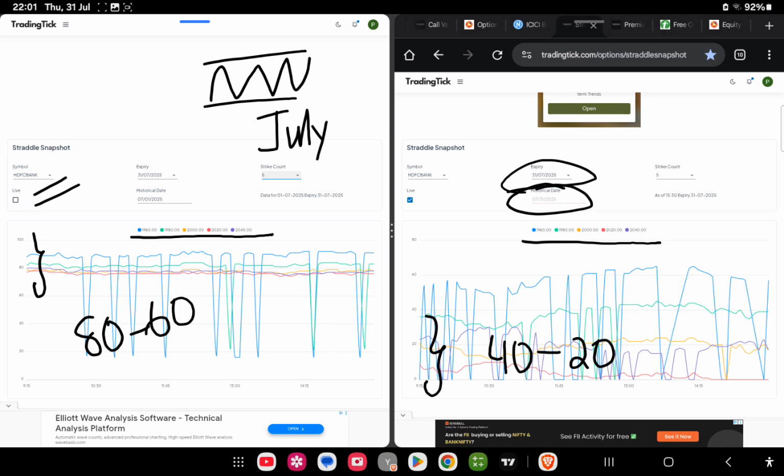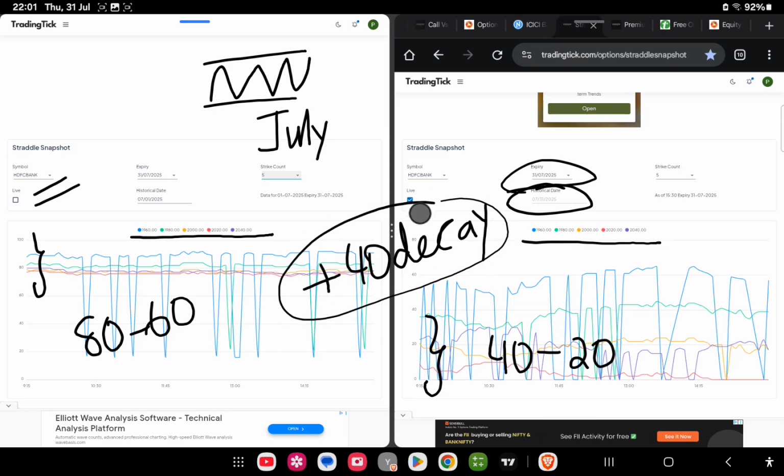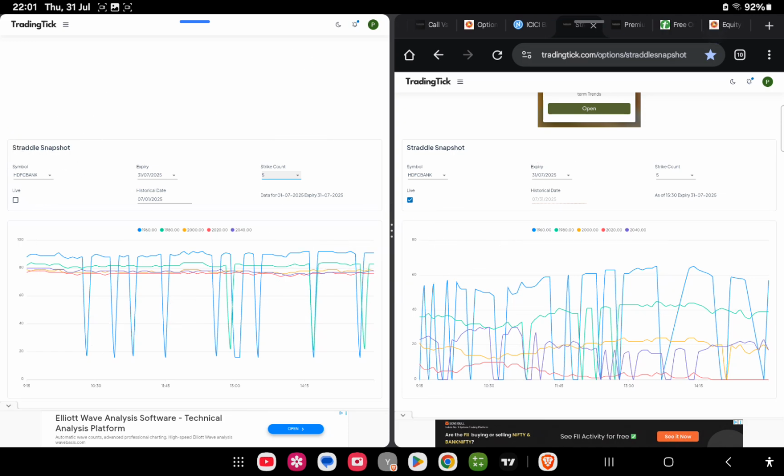Almost from 80 it comes down to 20 or 40, so we get 40 points decay for sellers, which is the easy money when you predict the right direction for the market. So this is for the HDFC straddle.